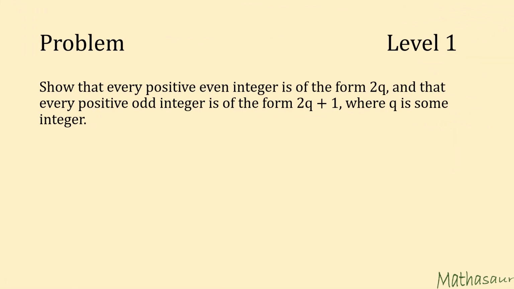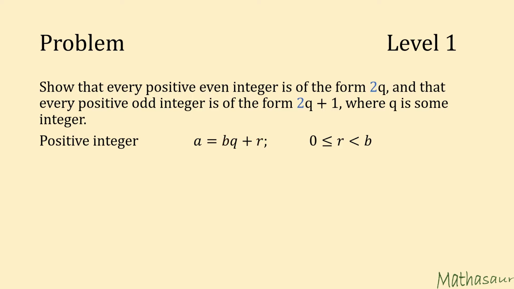Show that every positive even integer is of the form 2q and that every positive odd integer is of the form 2q + 1, where q is some integer. So let us write down our Euclid's division lemma as a = bq + r, where a is a positive integer.